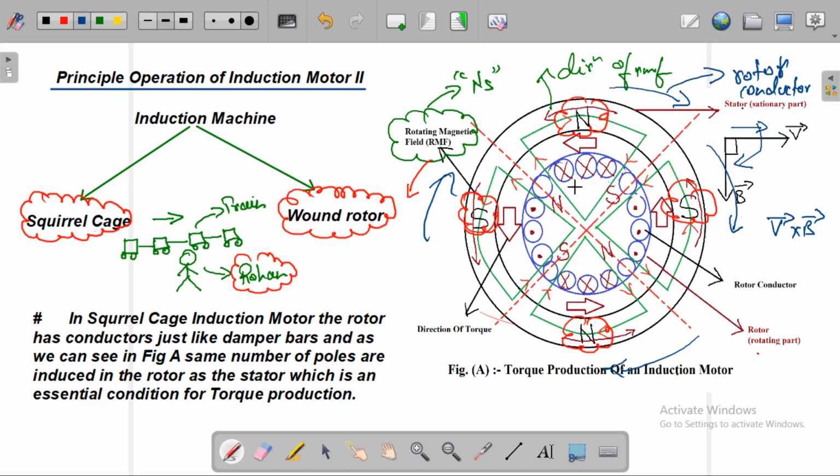See, in cross notation, the direction of the magnetic lines of force is in the clockwise direction, and in dot notation of the conductor, the magnetic lines of force are in the anti-clockwise direction.